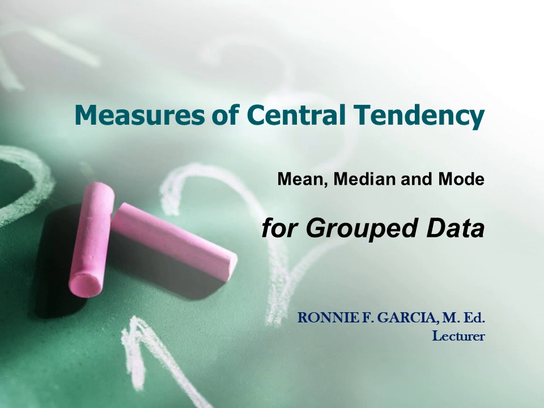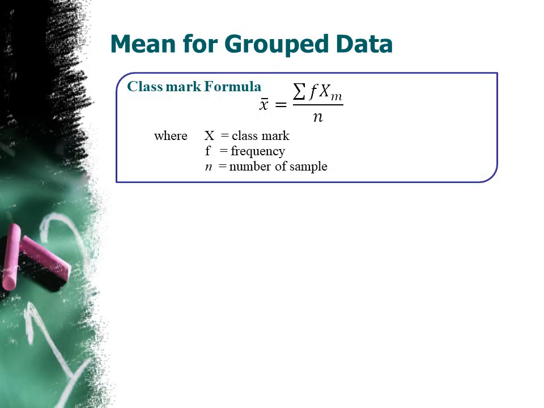So we have to take note of the different formula kasi it involves details about the position of the number. So first thing is the mean. We will be using the class mark formula. As we all know, class mark is also known as the midpoint, the middle point of that particular class interval.